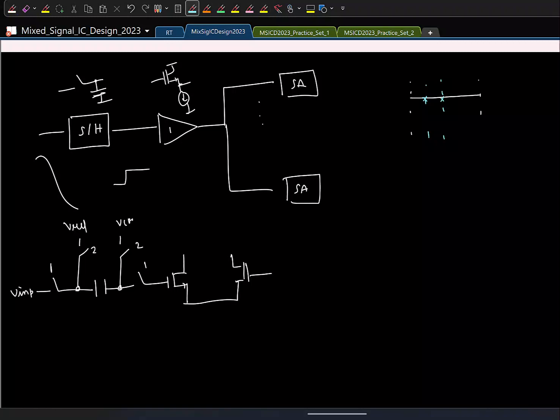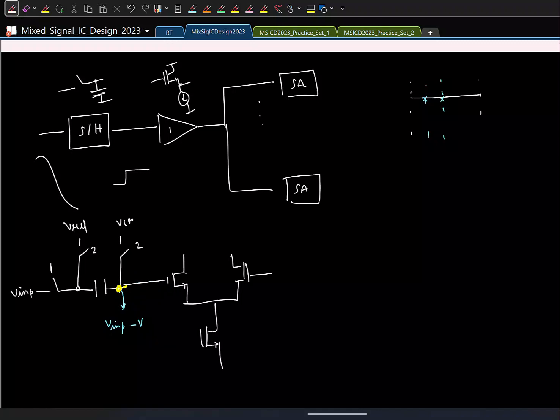Remember that the signal here is Vin plus minus the required reference voltage you want with the common mode shift and stuff. So this signal is getting sampled onto the gate capacitance here, but the signal is already sampled, so you don't need to actually have this additional sampling switch here. You can directly connect. Okay. Is that clear?